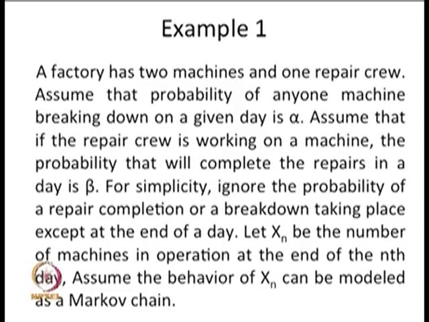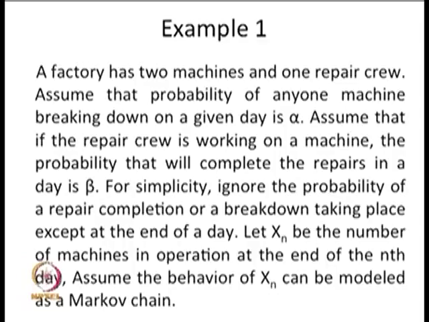So, based on the information available here, a machine can break down and we have only one repair person, and the probability that he can do the repair in a day is beta, and 1 minus beta is the probability that he cannot complete the repair of a machine in a day.